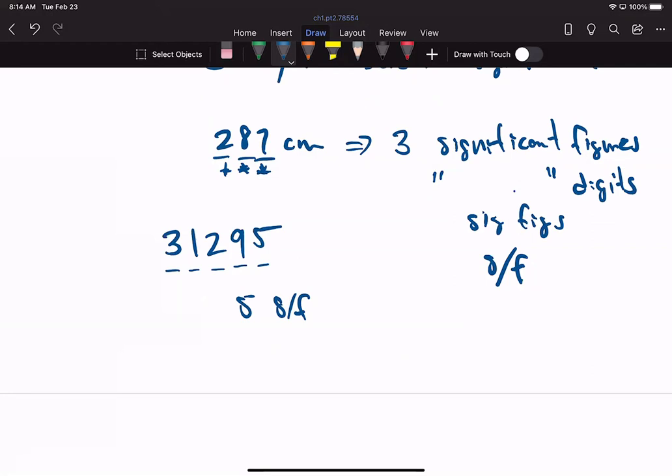I don't think there's a value right now that you couldn't figure out. We can throw in one more. Here, 12, not a zero, not a zero. There's two of them. So this is two significant figures, right? Not difficult to discern when they're non-zero numbers.